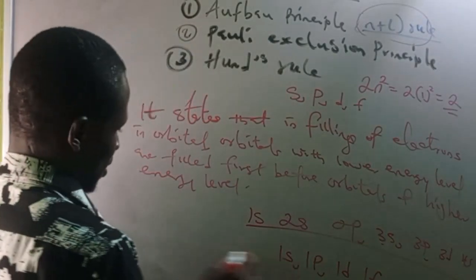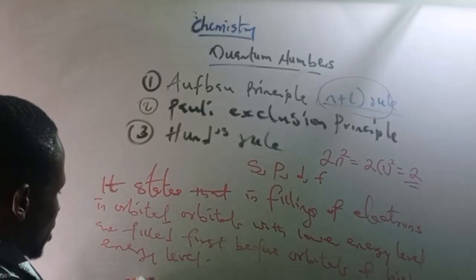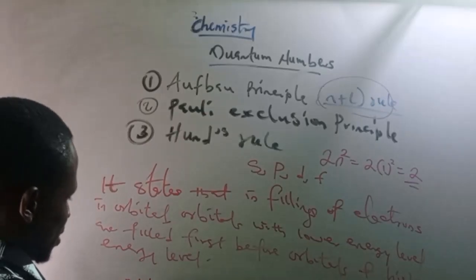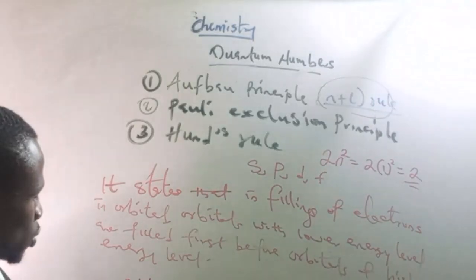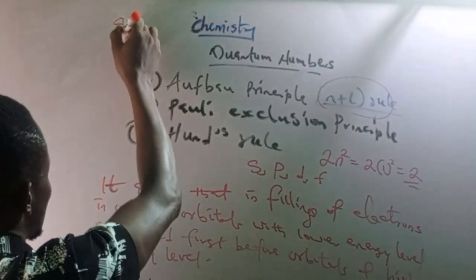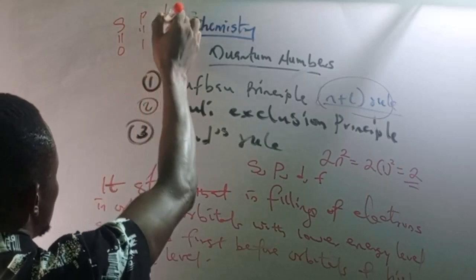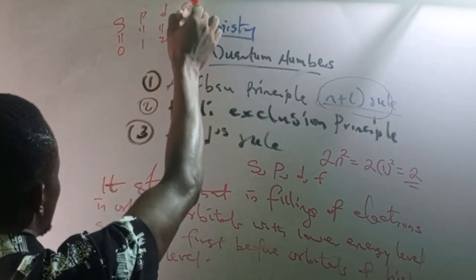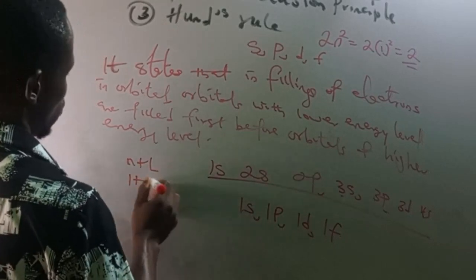Now, 1s is the least energy level here because the n plus l rule means n is the principal quantum number plus l. What is the s value? The s value is 0. Remember the values we attach to each of them: s is 0, p is 1, d is 2, and f is 3. So that is n plus l, 1 plus 0 is 1.